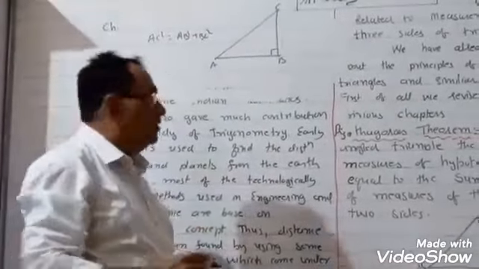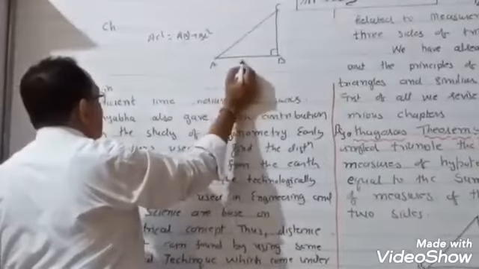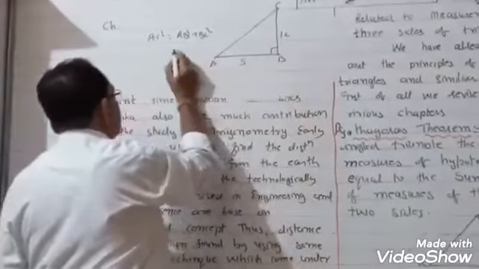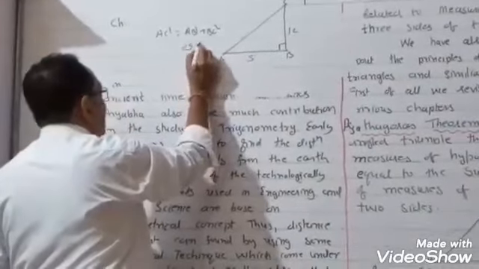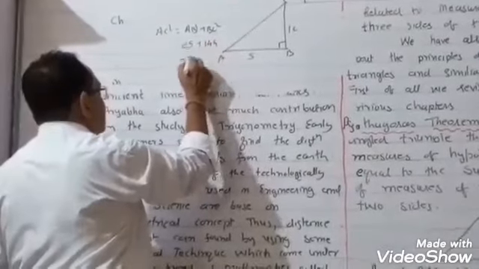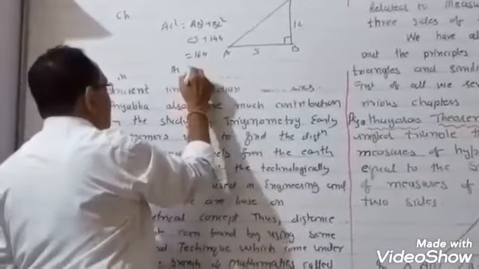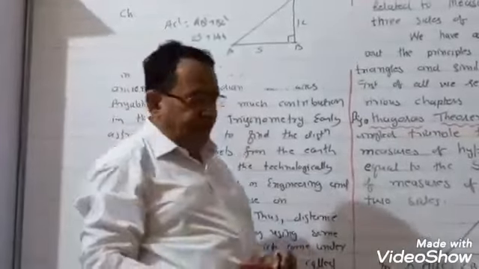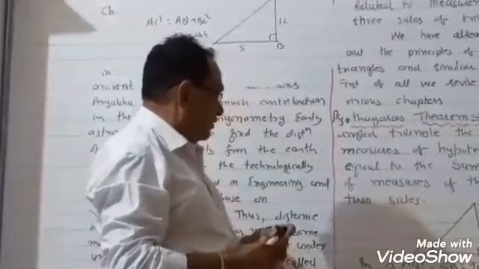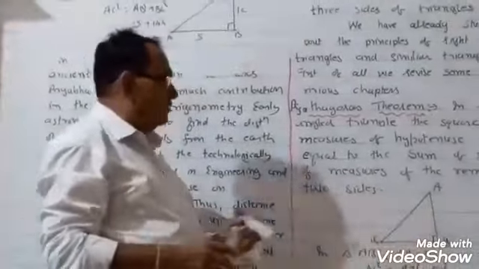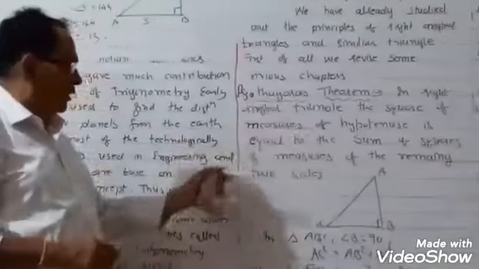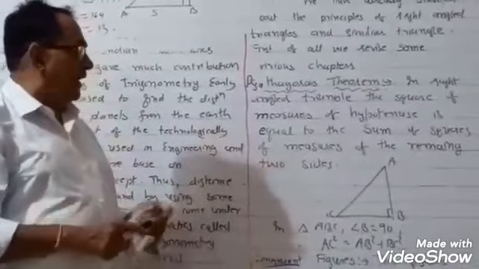Suppose AB is 5 and BC is 12. Find AC. 5 square is 25, 12 square is 144, total 169. Therefore AC is equal to 13. So learn this again, the Pythagoras theorem. No doubt we have done it in standard 9.